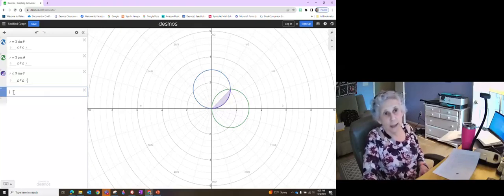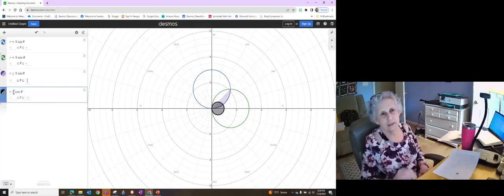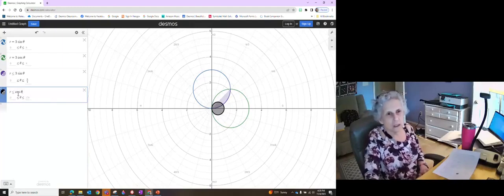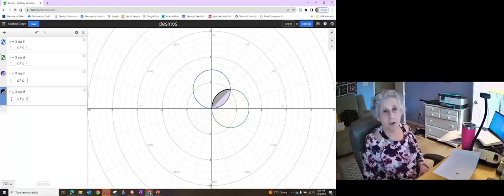I could add to it r is less than or equal to 3 cosine theta, from pi over 4 to pi.